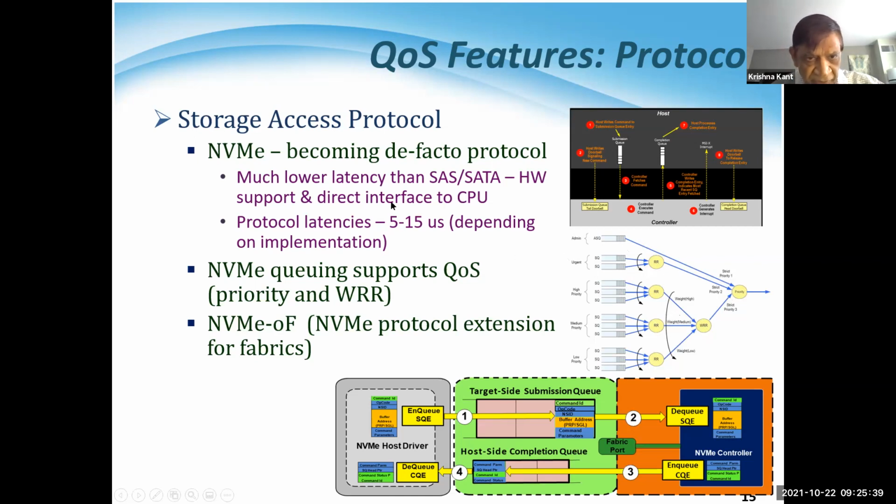NVMe is actually a local access protocol, and there is a network extension to it called NVMe over Fabric. It's a pretty simple extension. I don't want to go into the detail. Essentially, it prepares what is known as a capsule and sends the command capsule over the network to the controller side, and then the controller works on it and sends the response back. Okay, so NVMe is one.